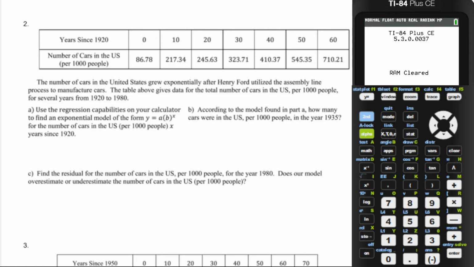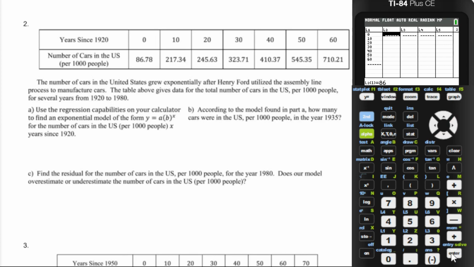Okay, so it's time. Got to go into the calculator, get into the lists, edit. I'm going to type in 0, 10, 20, 30, 40, 50, and 60.